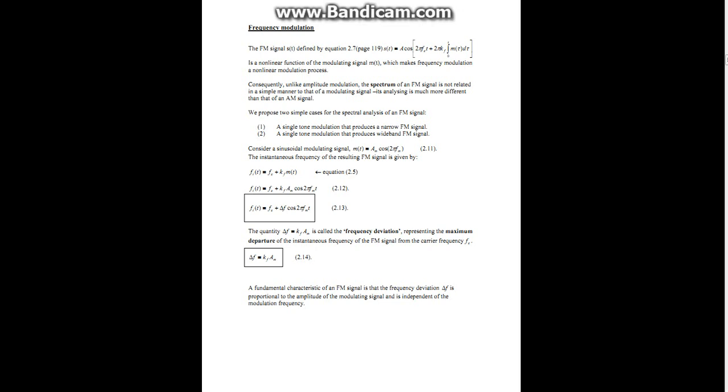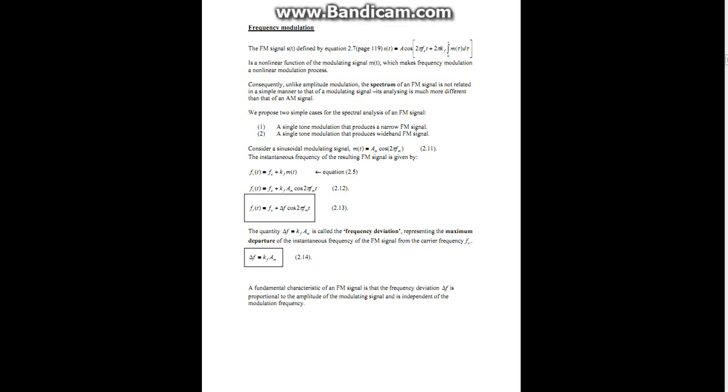So if we apply the equation of m(t), finally we get fi(t) = fc + kf Am cos(2π fm t). Here we are getting an extra parameter called delta f, which is called frequency deviation, and it is represented as the multiplication of the frequency sensitivity and the amplitude of the message signal.